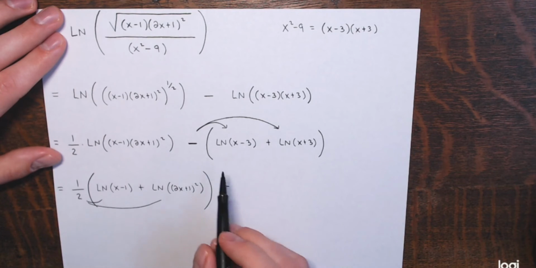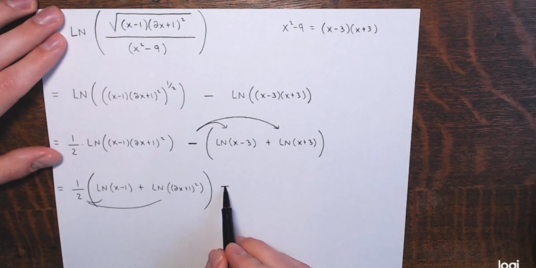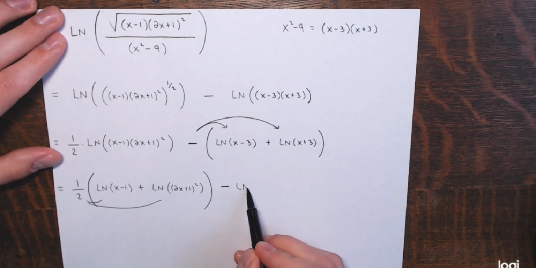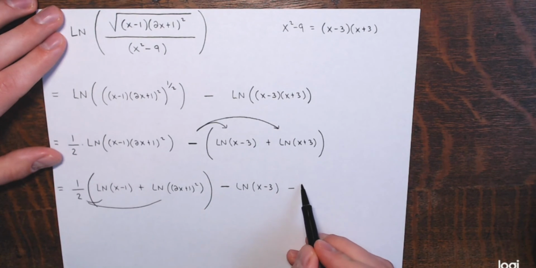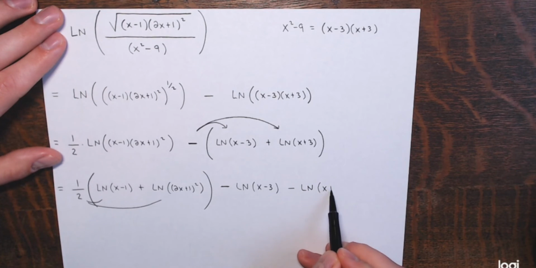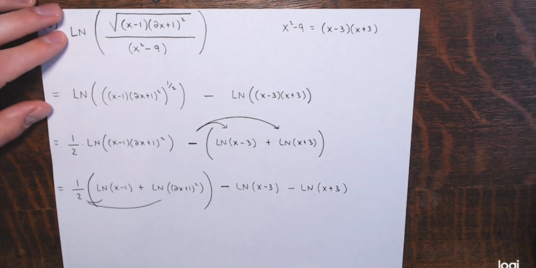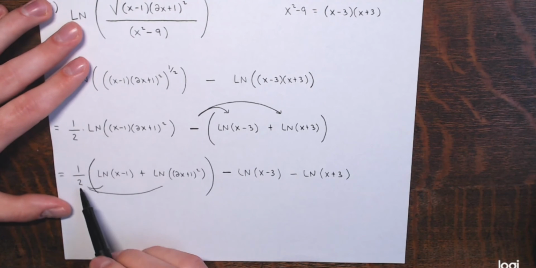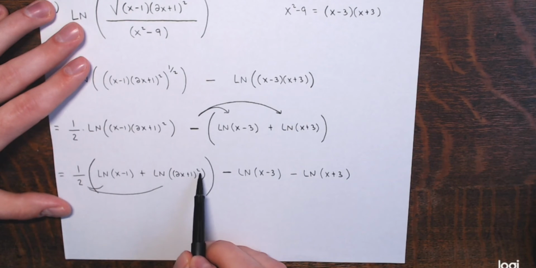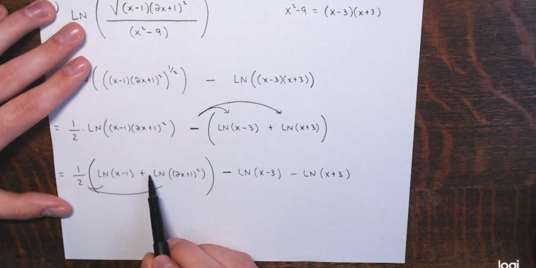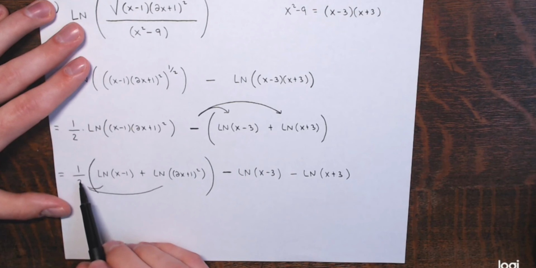Now, after distributing the negative from the previous line, we have minus the natural log of x minus 3, and then minus the natural log of x plus 3. And then finally, I'm going to distribute this half, get rid of these parentheses here, and pull the power out. Right, you have 2x plus 1 to the second power, that's a power. Pull the power out using the power rule. If I pull the 2 out, I have 2 times this log, but then I get multiplied by a half, that becomes 1.